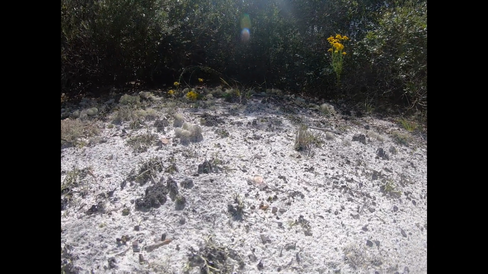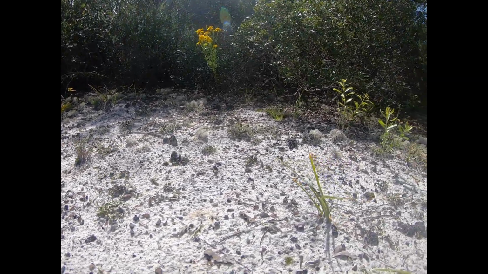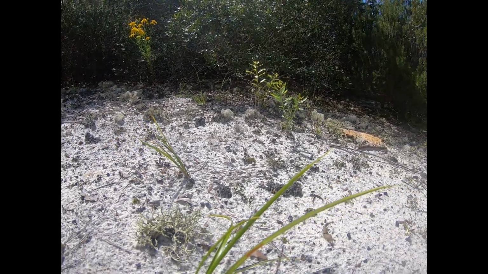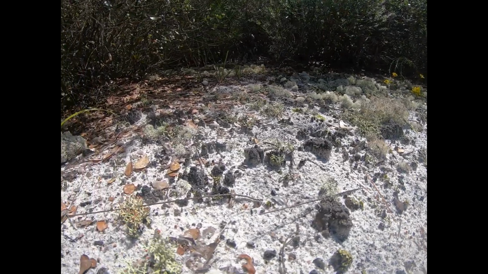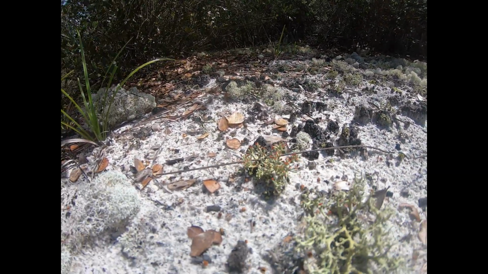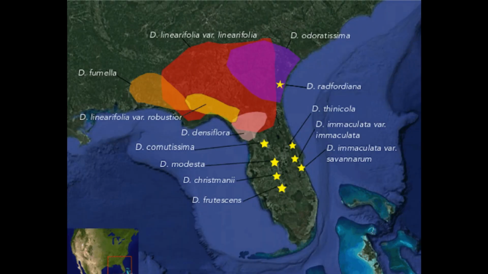And then in terms of some of those rare species that I mentioned earlier, oftentimes one of the more famous species for scrub communities in terms of plants that we see in the ground cover that are rare include one particular set known as Dicerandras, or scrub mints. So there are several different species of scrub mints, and interestingly, some of these species are only found on certain ridges in the state.